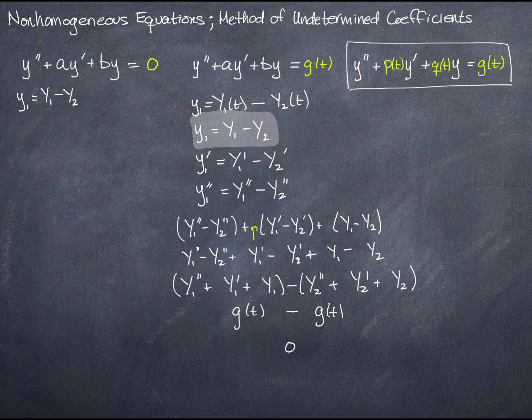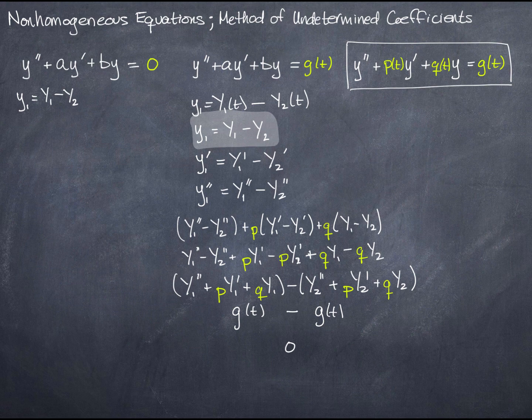I have y double prime plus P of T times y prime plus Q of T times y. That gives me Py1 and Py2 and Qy1 and Qy2. I think I did that right. Yes.